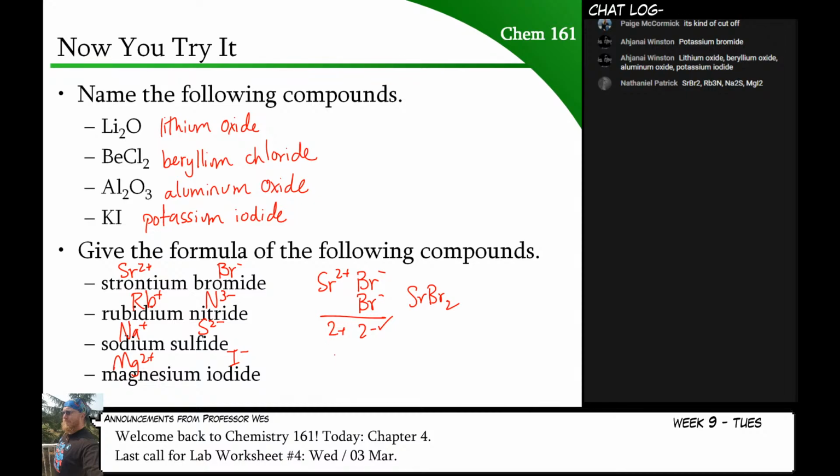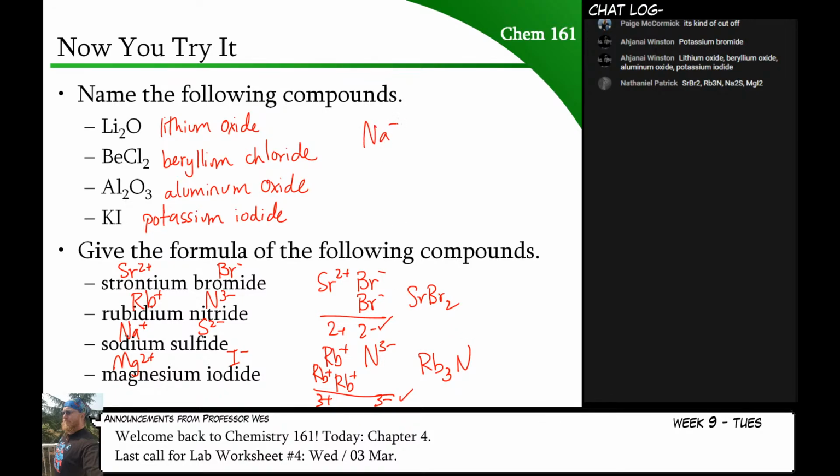For rubidium nitride, here's rubidium. Here's nitride. Need more rubidium here. That will cancel these out. 3 plus, 3 minus. Those are good. There you go. And then I ran out of space.